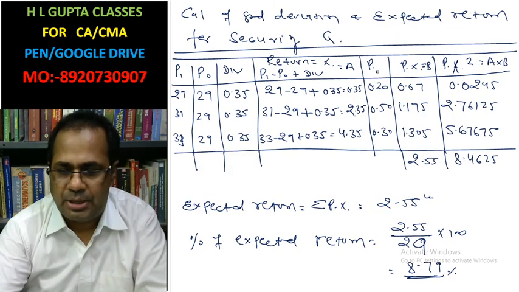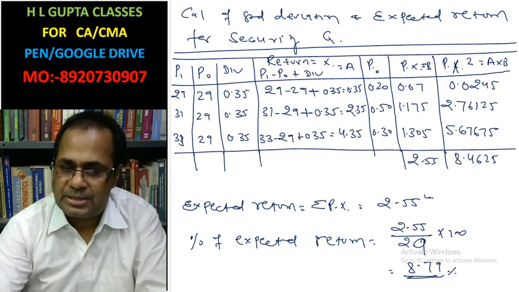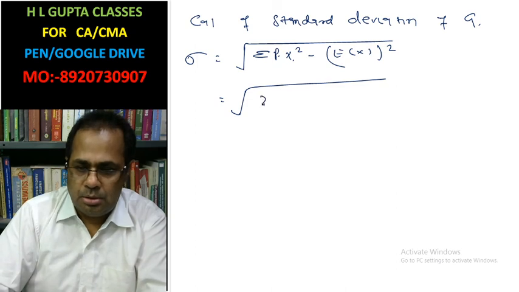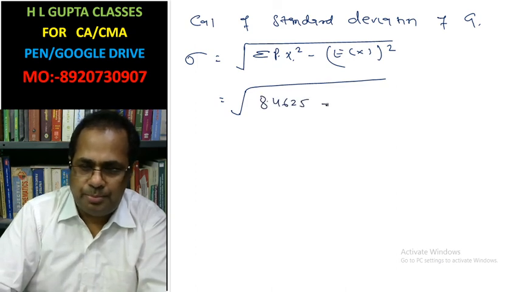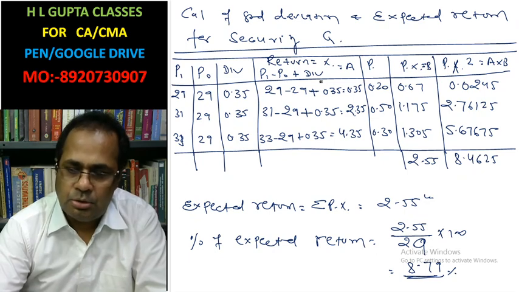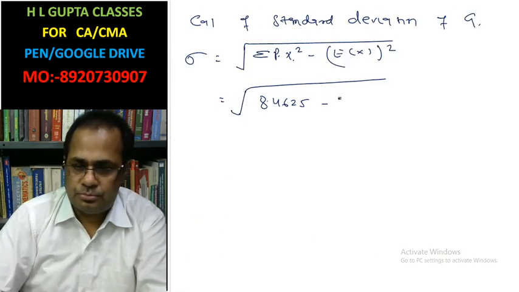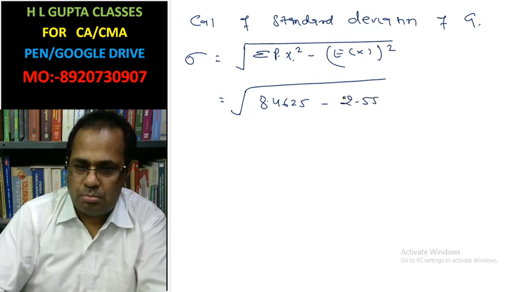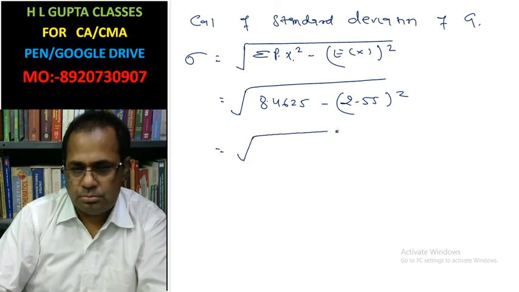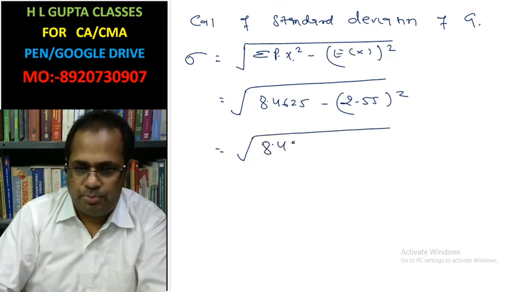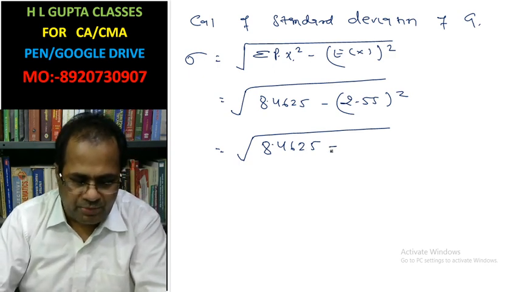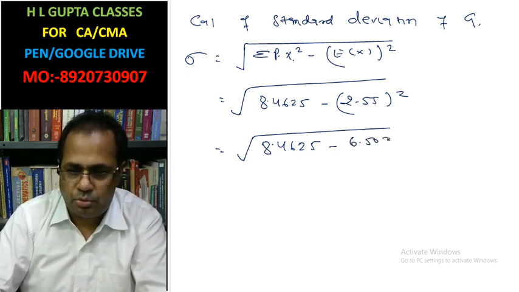PI XI X square is 8.4625, minus expected X, which is 2.55, whole square. 8.4625 minus 6.5025.